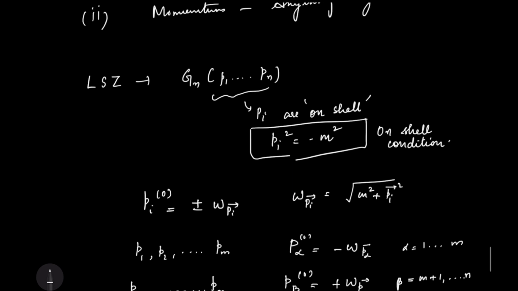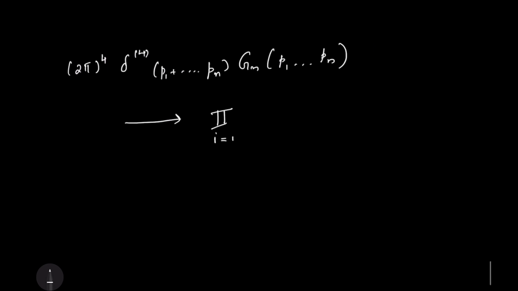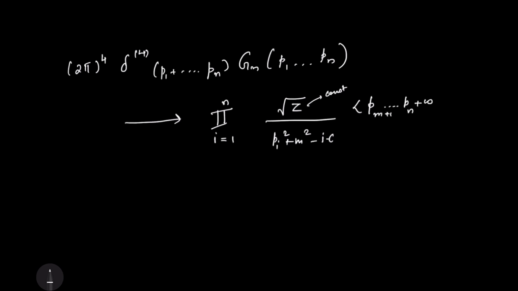Okay, so the LSZ theorem, under the on-shell limit, gives 2 pi to the power 4 Dirac delta of p1 plus p2 up to pn, times G_n(p1 up to pn), equal to the product over i equal to 1 to n of i times a constant, root Z, divided by p_i squared plus m squared minus i epsilon, multiplied by this term, the amplitude with p_{m+1} up to pn, plus infinity, and minus p1 up to minus pm, minus infinity.